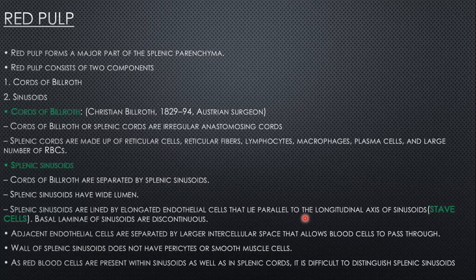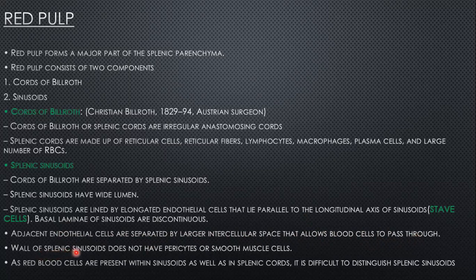The basal lamina of the sinusoid is usually discontinuous to allow free movement of the red blood cells in and out. Adjacent endothelial cells are separated by a larger intercellular space that allows the red blood cells to pass through. That is, remember, to let the blood cells enter and leave the cords of Billroth.